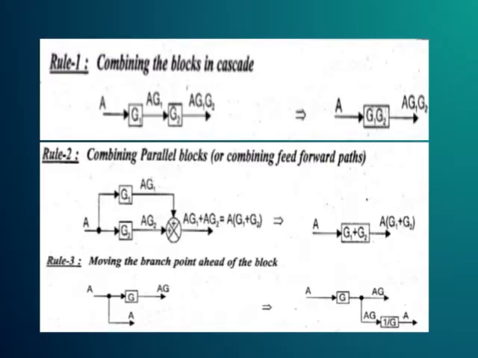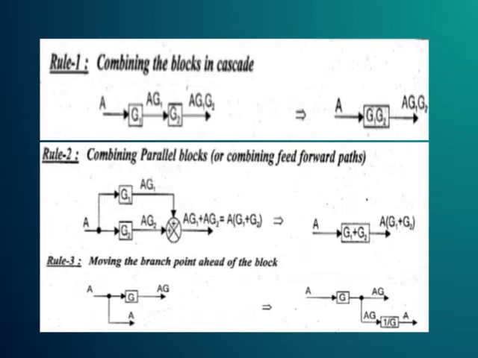So coming to rule number 2, combining parallel blocks. When the blocks are in parallel, see here G1 and G2 are the two blocks connected in parallel, then you should add them by summing the two blocks.